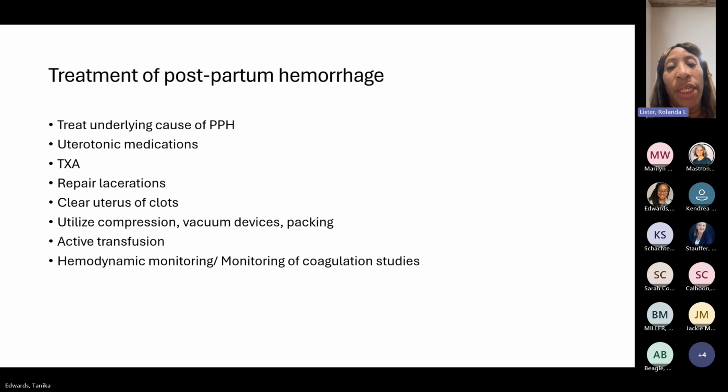If she is bleeding profusely and the blood in the field is not clotting, that's a pretty good indication that she is going into DIC, and she needs to be replaced at the level that she's losing. You don't want to wait for a complete tanking of her vital signs before you begin your resuscitation, because you don't want to get behind. Okay, next slide, please.